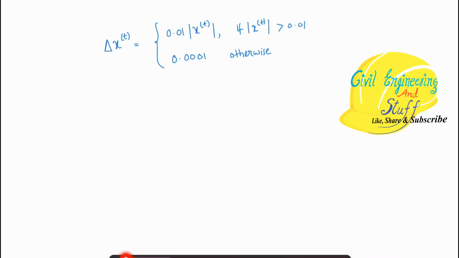The value of delta, if not given, can be taken as follows: if the first value xt that you have taken is greater than 0.01, then the step delta xt can be taken as 0.01 times mod of xt. Otherwise we can take the value to be 0.0001. If given in the question, well and good. If not given, you can use this relation to find out the value.